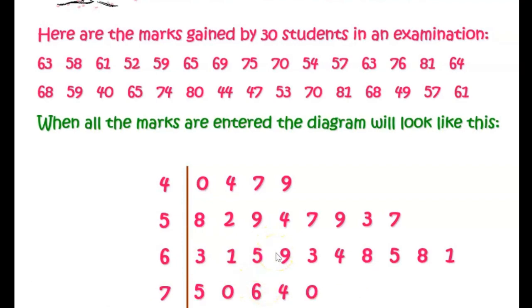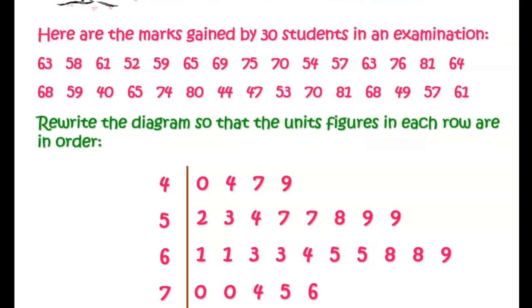So I'm going to arrange the leaves in order for each stem, starting from the smallest to the biggest. We write the diagram so that the units figures in each row are in order. So now you can see 0, 4, 7, 9, and 2, 3, 5, 7, and in that order this is properly arranged now.